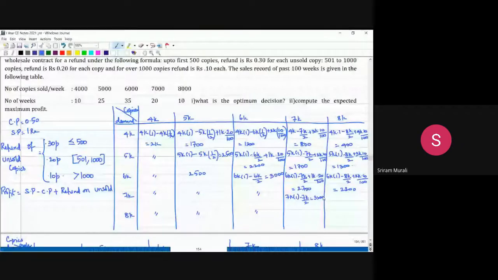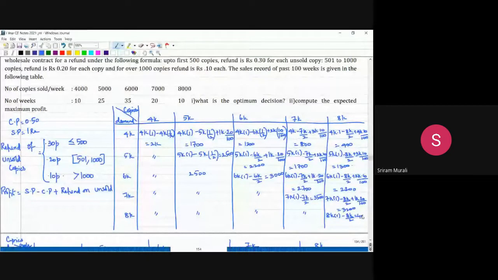This is 7k into 1 minus 8k into 1 by 2 plus 1k into 20 by 100. This is equal to 3200. The last case will be 8k into 1 minus 8k into half. This is equal to 4000.